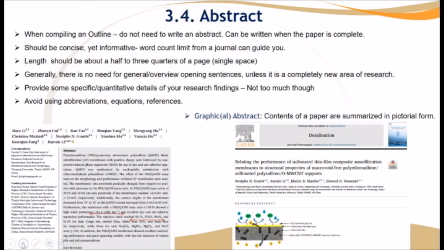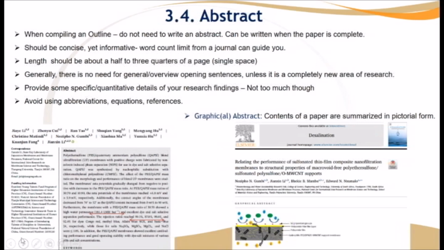Now, moving into the abstract. Whilst you are compiling your outline, you will not necessarily need to write an abstract, because an abstract is basically an overview, a condensed summary of everything else that was interesting and that took place in the study.